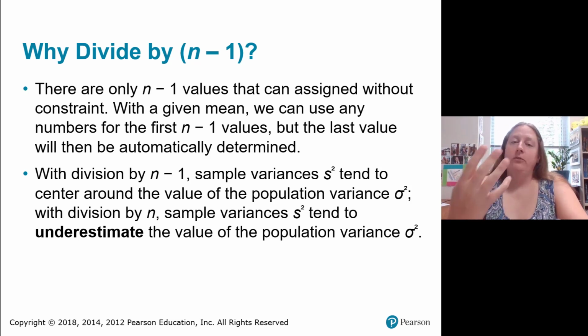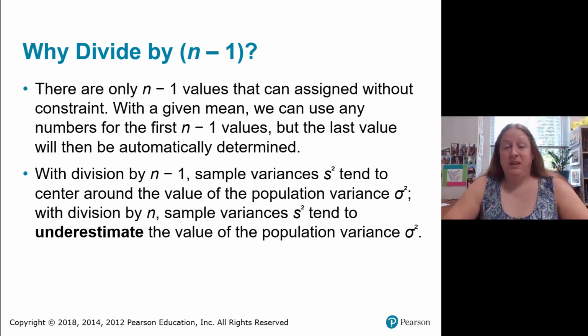So that means that only 4 of the data values get to be chosen since we have that sample mean that we're working with. So we divide by n minus 1 because that last value is just automatically known since we know our sample mean.